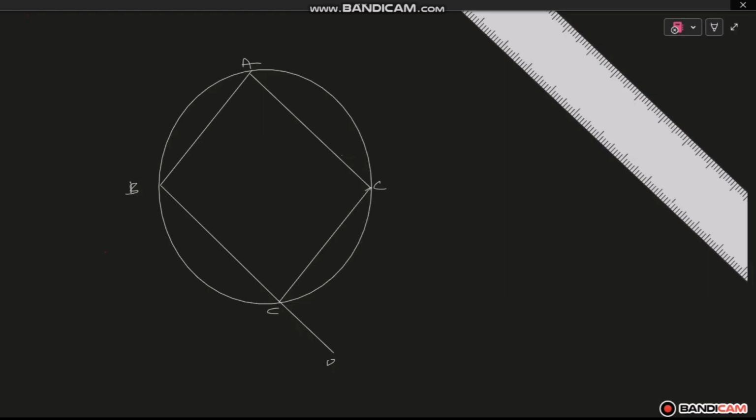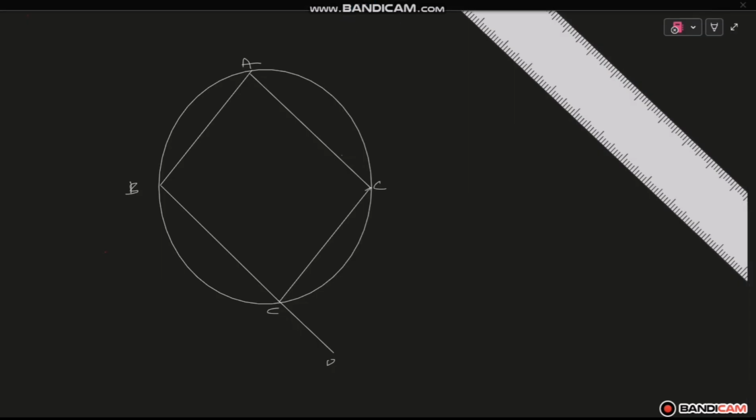So ABCD is a cyclic quadrilateral. Let's say here we have C1. Let me put the C1 inside the quadrilateral to be an angle that is opposite to angle A.